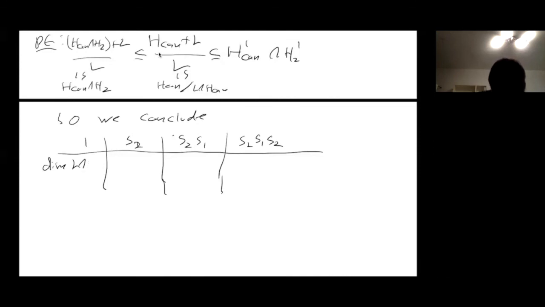Sorry, I'm not very good at this and I keep hitting the wrong thing. So here is the dimension of L intersect H can. And I guess it's just 2 minus the thing in the table above. So it's 0 because this one will be étale, 1, 1, 2.